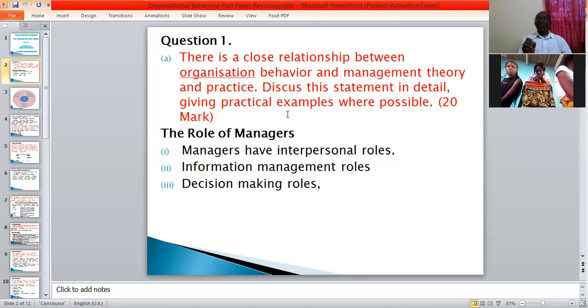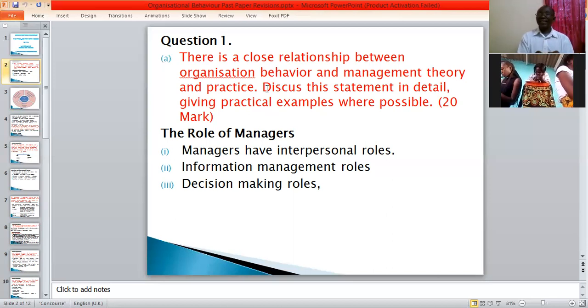So, in management theory, you are studying how to achieve an objective using other people, or working with and through others. That is what is in management. Now, in organization behavior, you are studying the behavior of individuals in an organization setup.